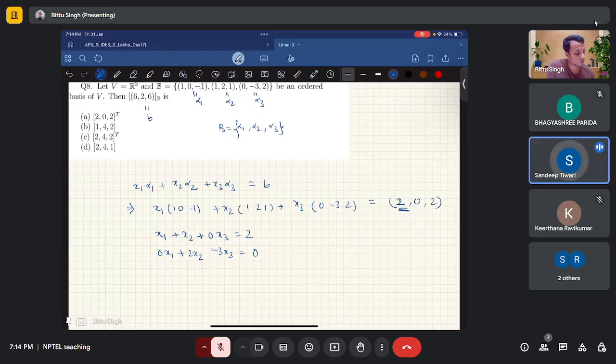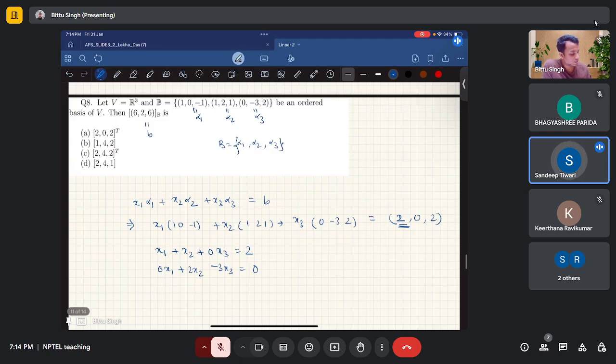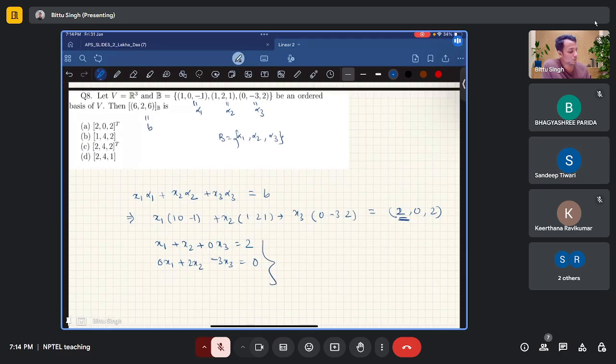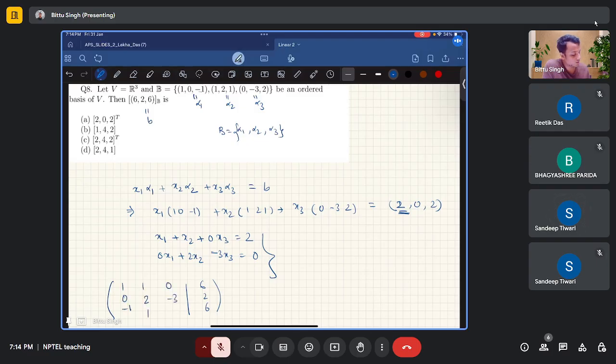We are writing (6, 2, 6) as a linear combination of the elements of B. If you write those three equations, you will get the same thing. That is, we are trying to write (6, 2, 6) as a linear combination of those vectors (1, 0, minus 1), (1, 2, 1), (0, minus 3, 2).